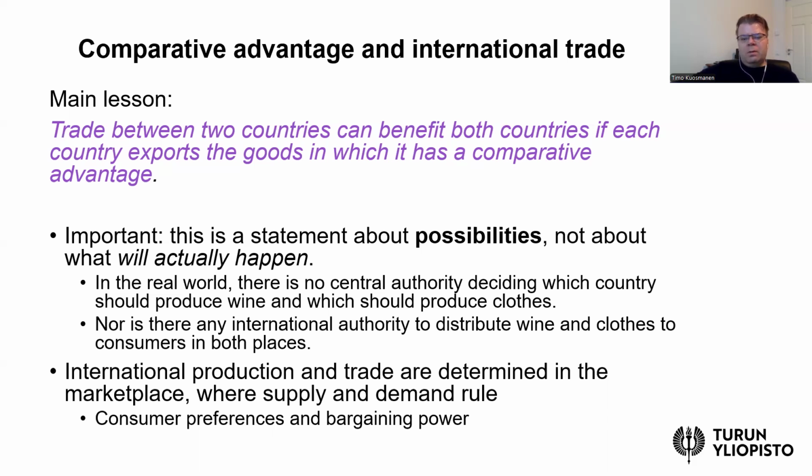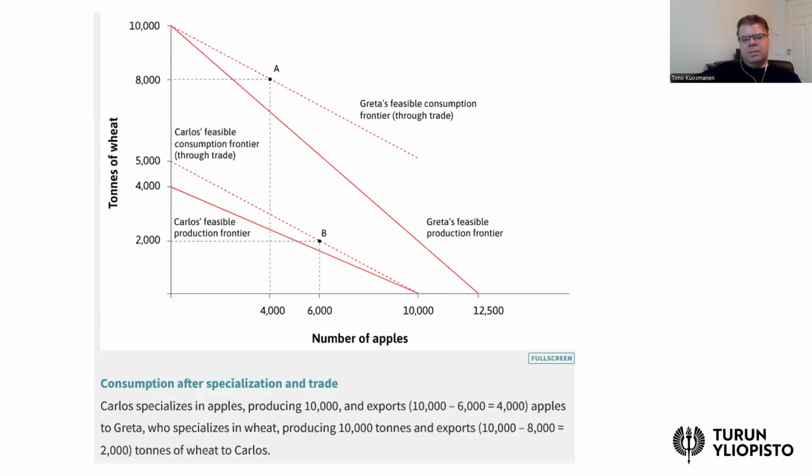By bargaining power, let me come back to this figure. We don't really know how the slope of these broken lines is determined. We know that for the trade to be beneficial, the slope should be somewhere between the slopes of these solid lines. But exactly where depends on how much wheat Carlos wants in exchange for apples versus how much Greta wants apples for her wheat.